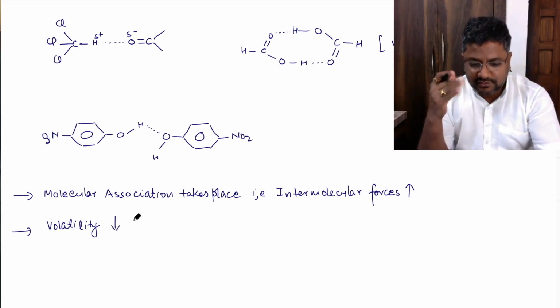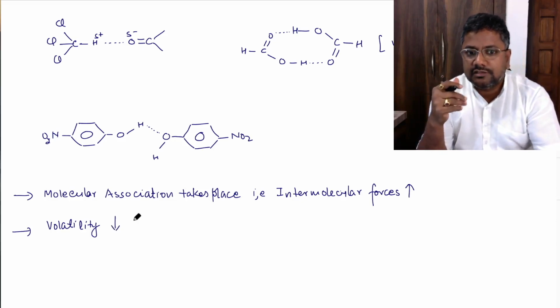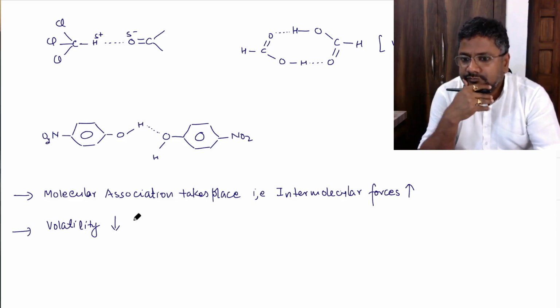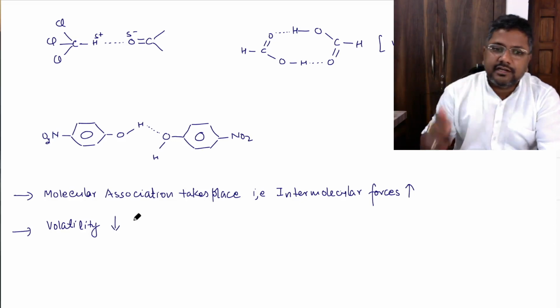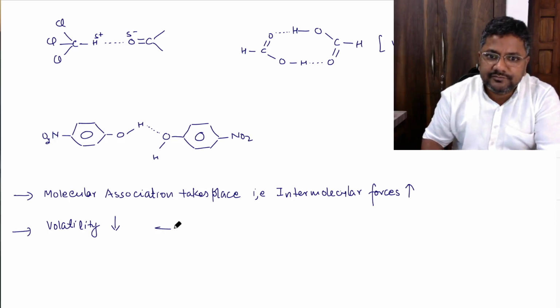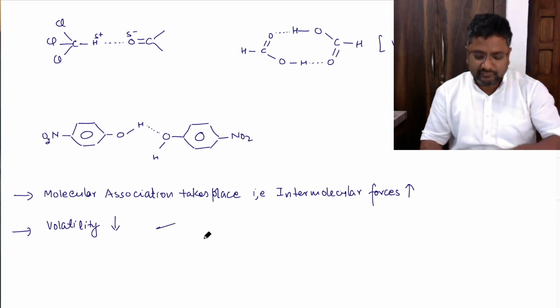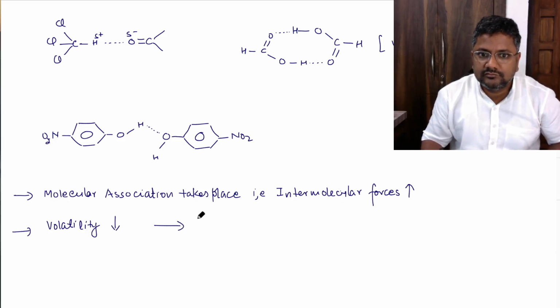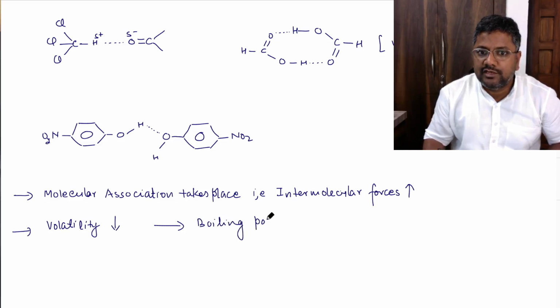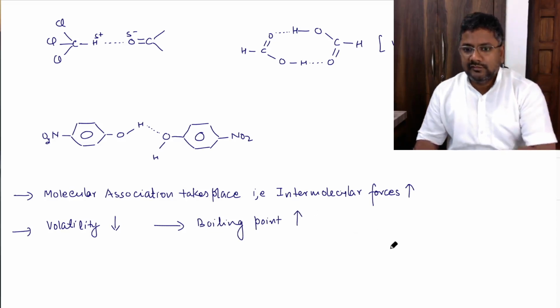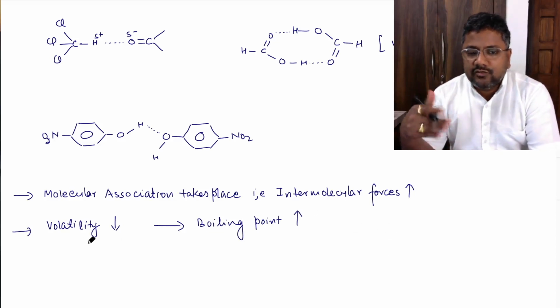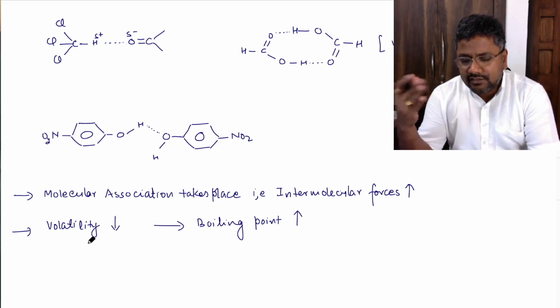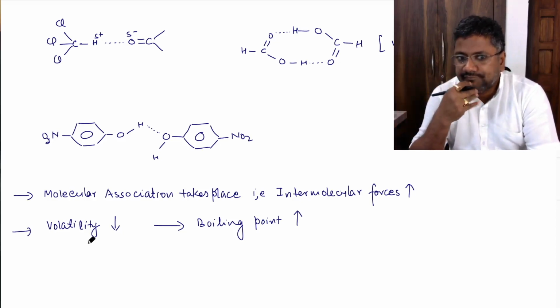In this case, the volatility of the molecule will decrease. And if volatility decreases, then boiling point increases. Volatility means tendency to convert into the vapor phase. If it is increased, boiling point obviously decreases.